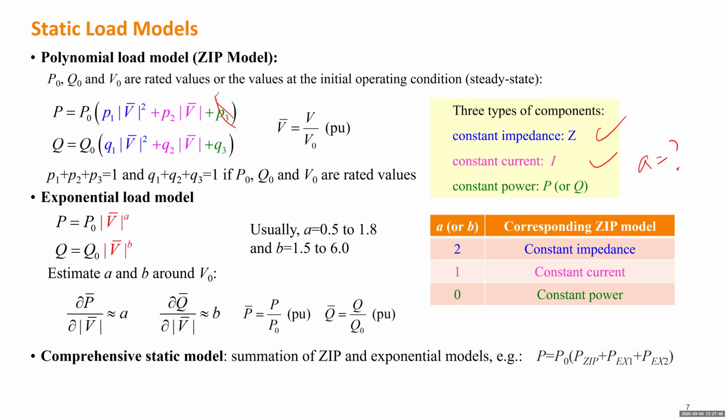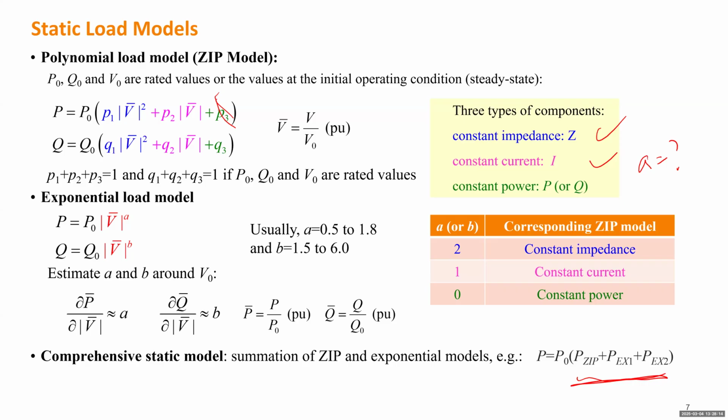Okay. And because of that concern, we know the exponential load model and polynomial load model both have some advantages or disadvantages. So a better idea, maybe we can consider a comprehensive static load model, such as maybe 1 ZIP component plus 2 exponential components.